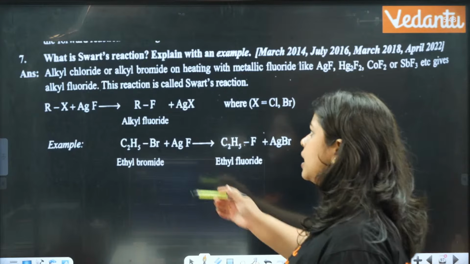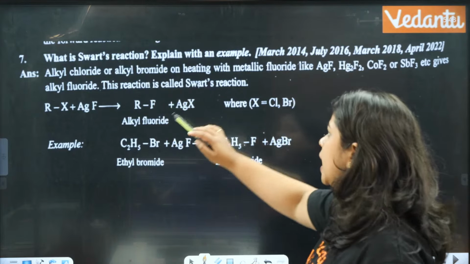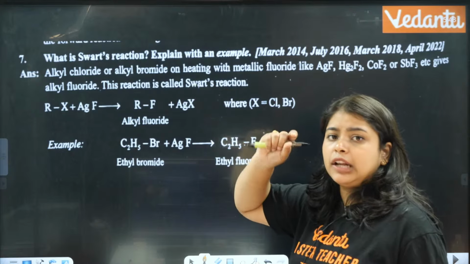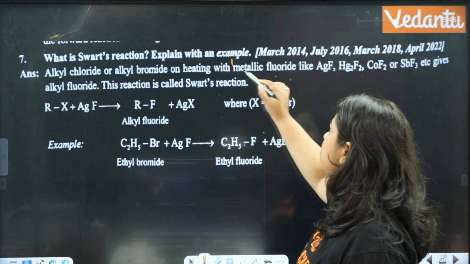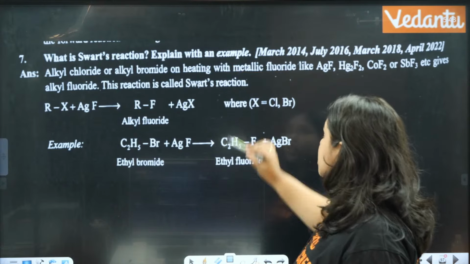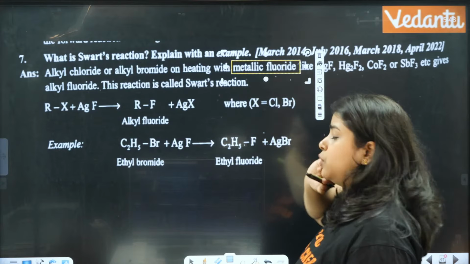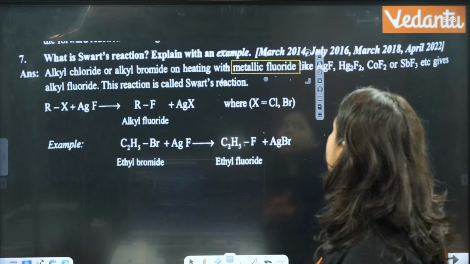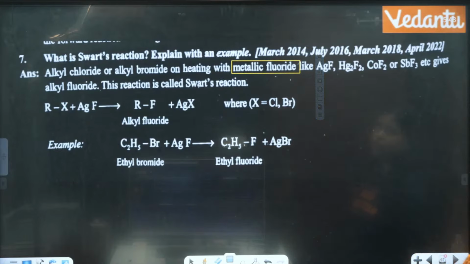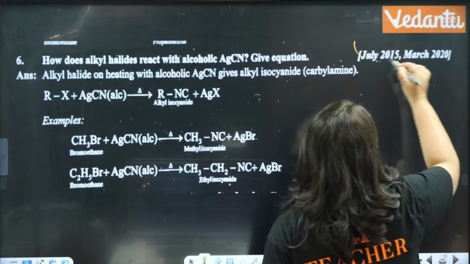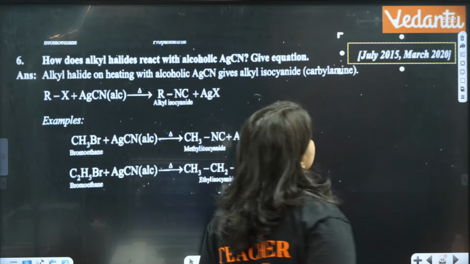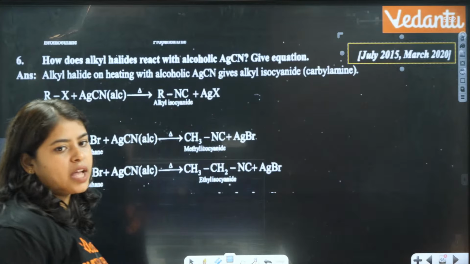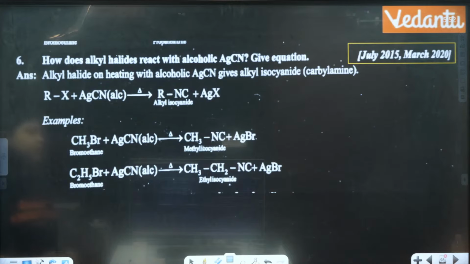When we use alkyl chloride and alkyl bromide and heat it with a metallic fluoride such as AgF, Hg2F2, CoF, we get alkyl fluoride. This is a much repeated question, and I have put the repeated years here.